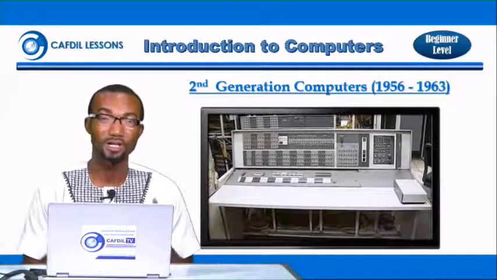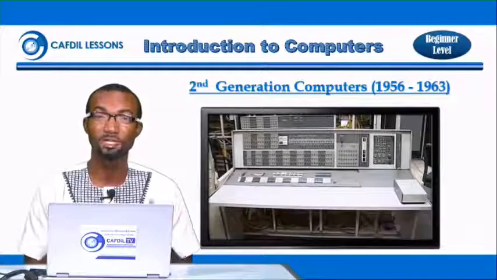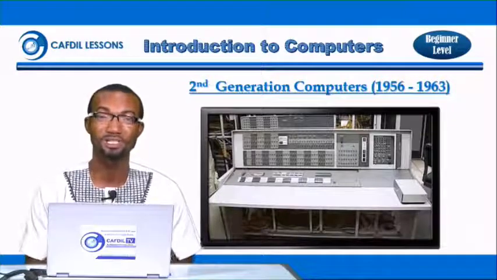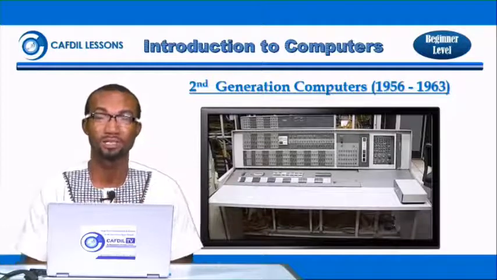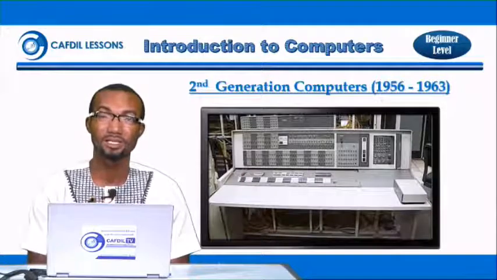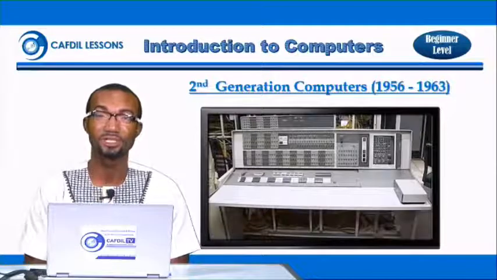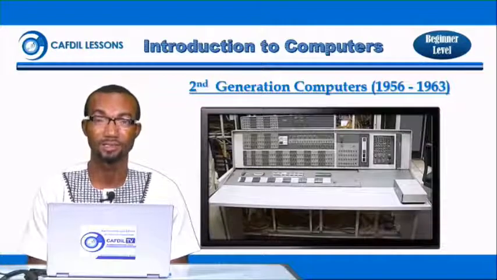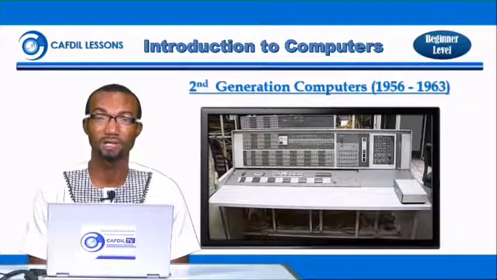So viewers, you see that those who developed the computer always studied hard and did a lot of research to bring improvement in the computers that they created. So second generation computers started in 1956 and lasted to 1963. And you see the picture on your screen.